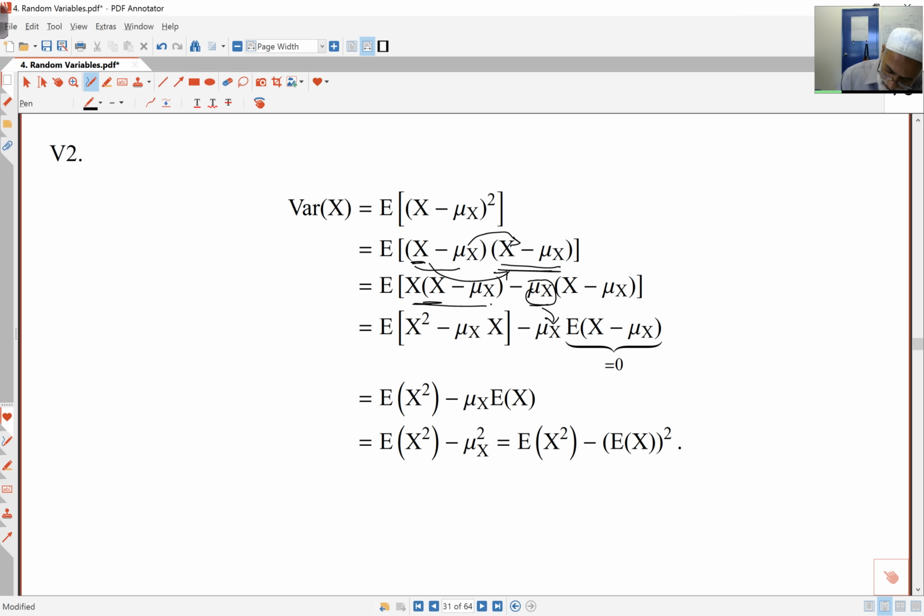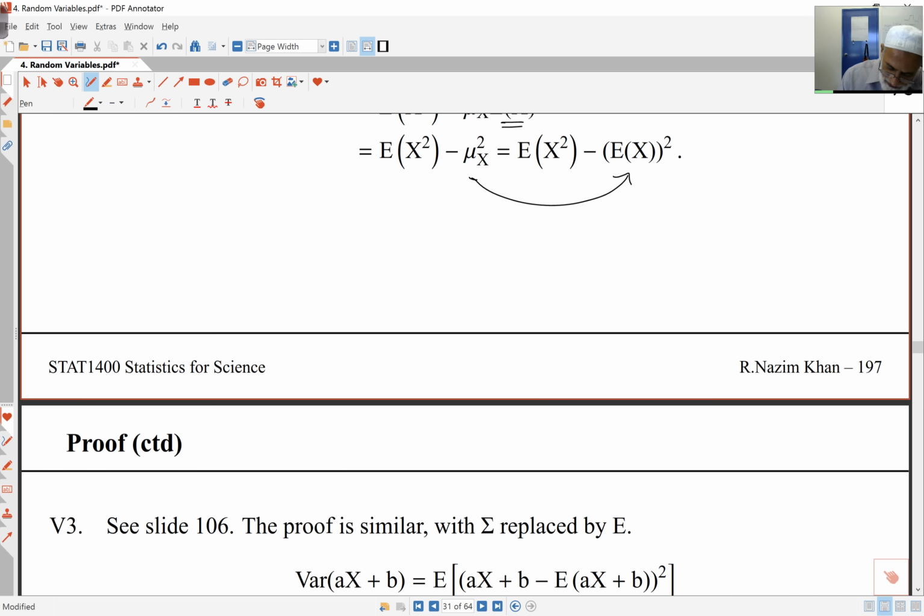So all I've got left is the first term, and that's x squared minus mu x. I separate these again. I've got E of x squared minus this constant comes outside times Ex. Now this Ex and mu x are the same thing essentially. So I've got E of x squared minus the mean squared. Or if I write the mean as E of x, I get this formula, E of x squared minus the mean all squared. That's a simpler formula for calculating variances.